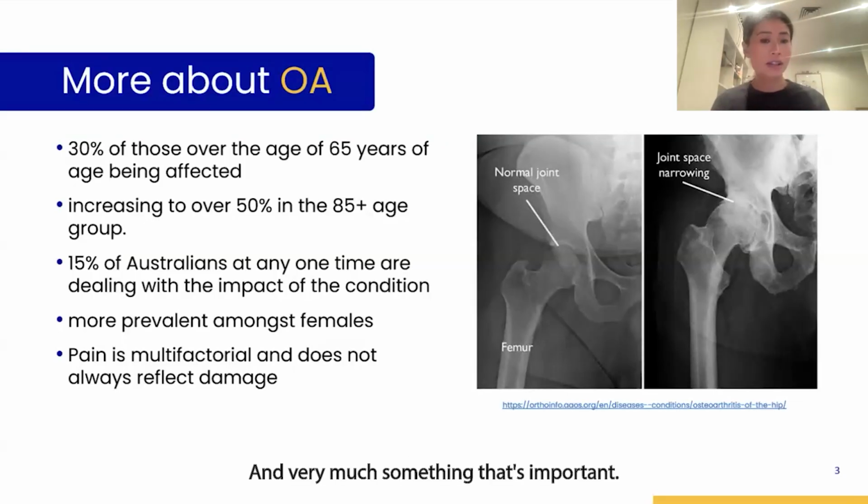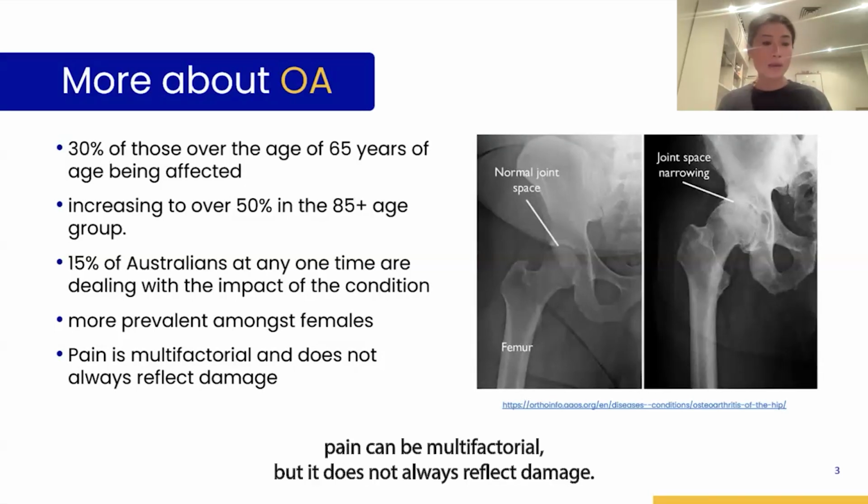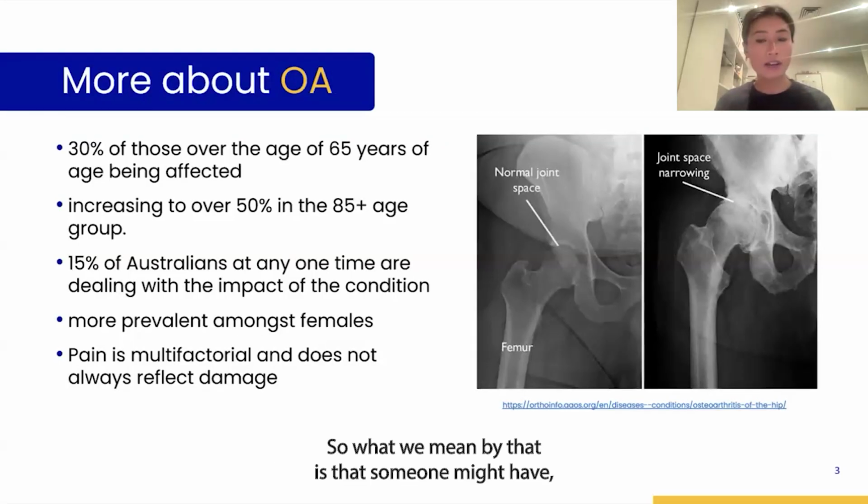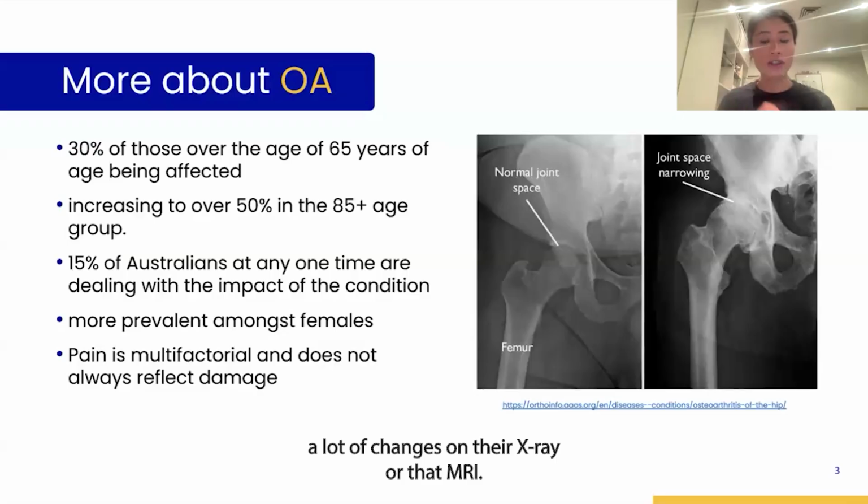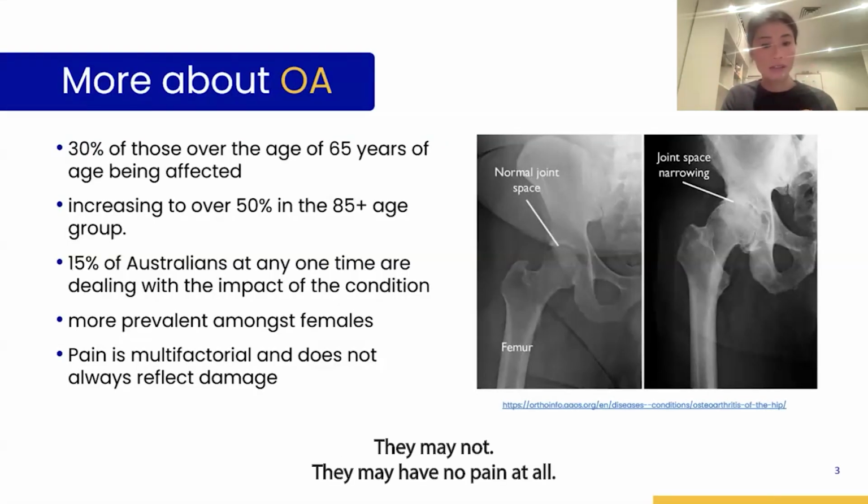And very much something that's important, and we'll mention a few times tonight, pain can be multifactorial, but it does not always reflect damage. What we mean by that is that someone might have a lot of changes on their X-ray or their MRI. They may have no pain at all.